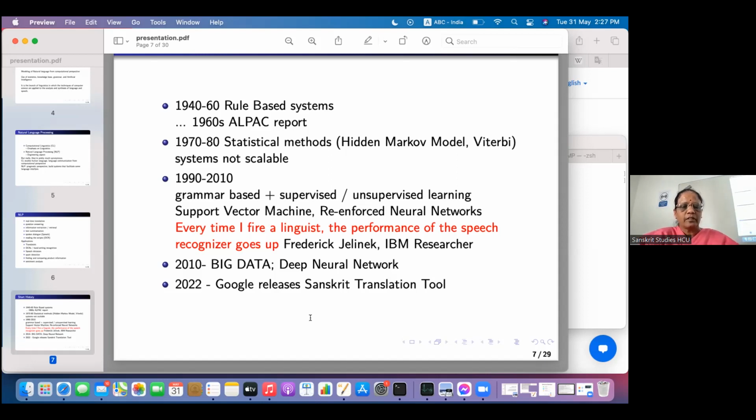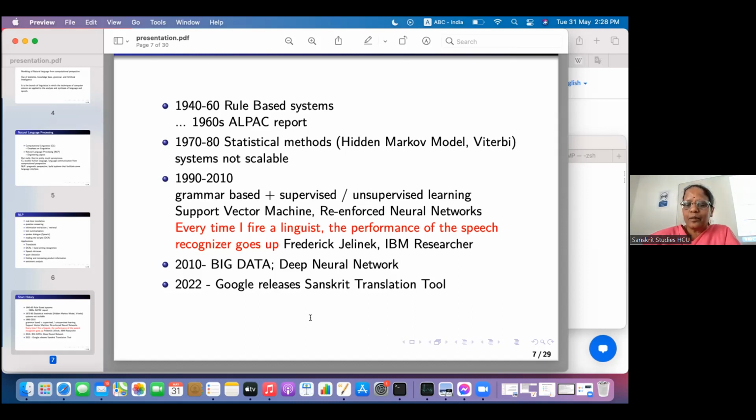So there were, on the one hand, grammar-based systems, plus they started using machine learning. Hidden Markov model was one of the statistical methods. For machine learning, they use both supervised and unsupervised learning.